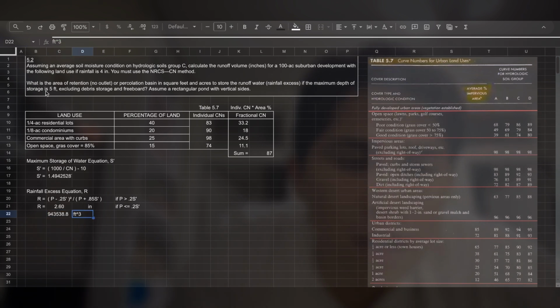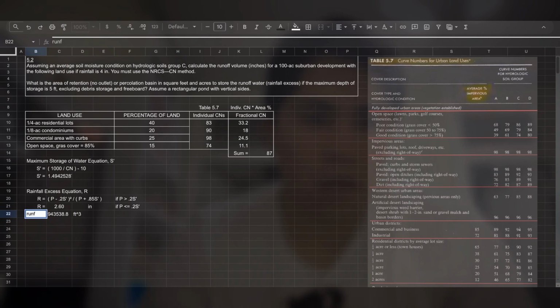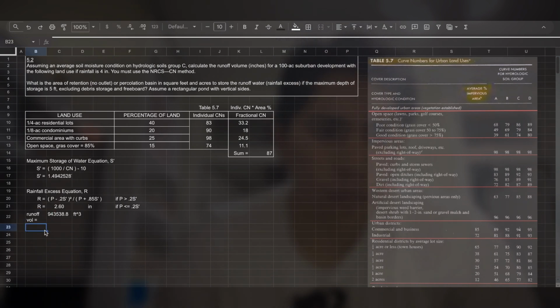Now we are told that our retention basin depth is already 5 feet, and they're asking us for the area. So all we need to do now to find the area, this is the runoff volume, and this will be the retention basin area.